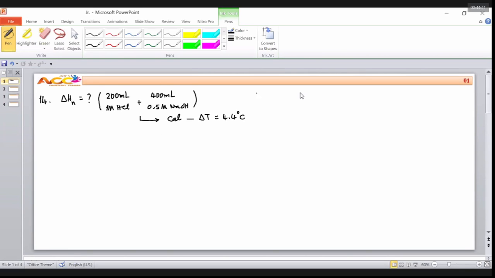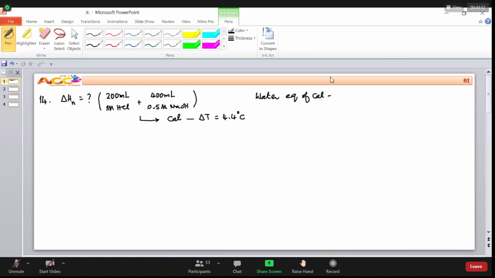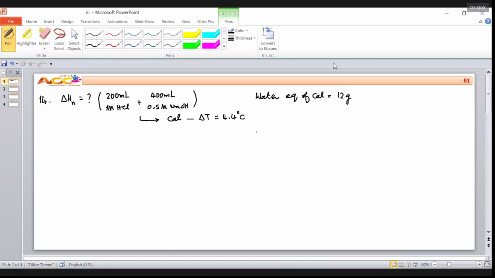Water equivalent of calorimeter is 12 grams, and specific heat is 1 calorie per ml per degree. Nice. For the solution, specific heat of solution.